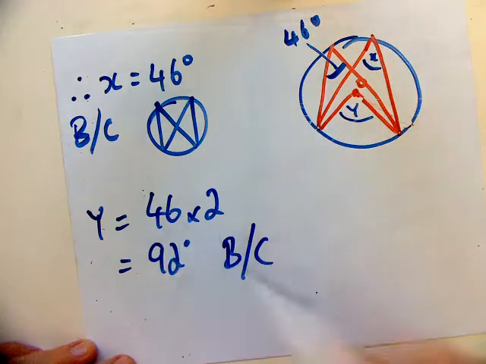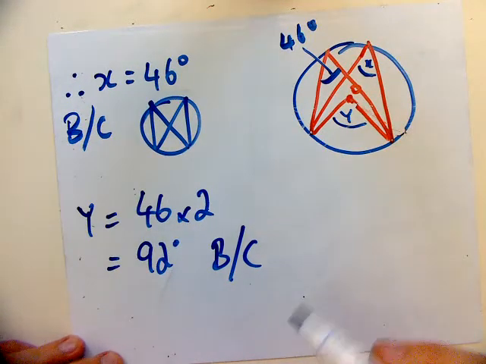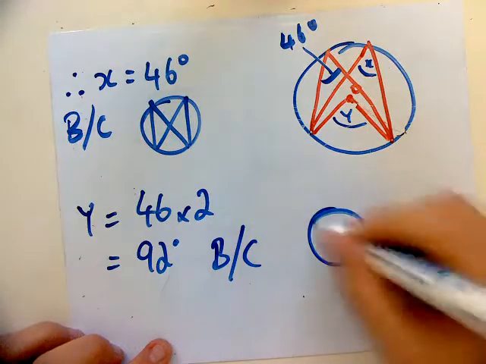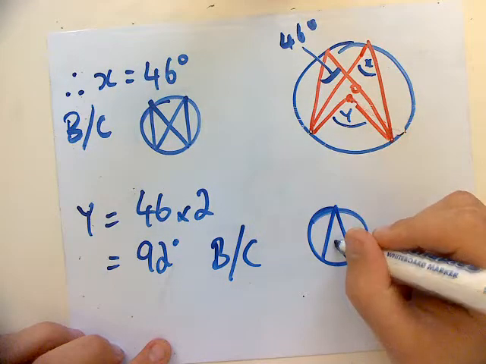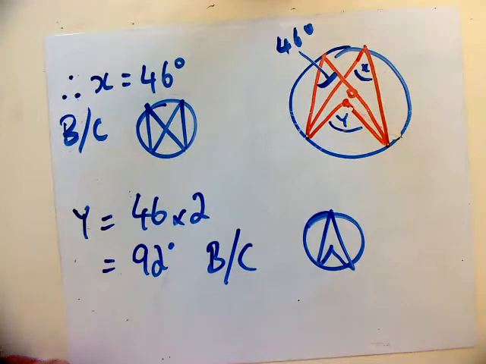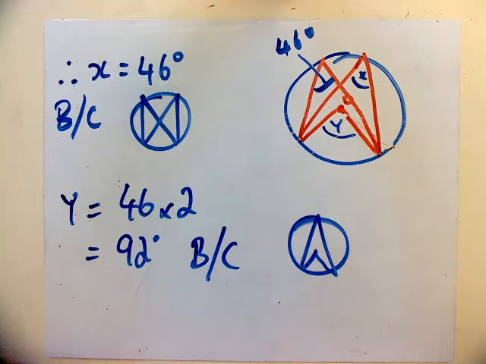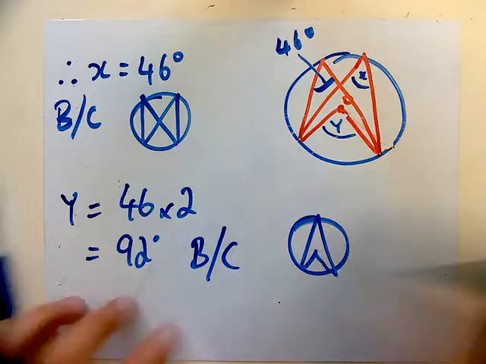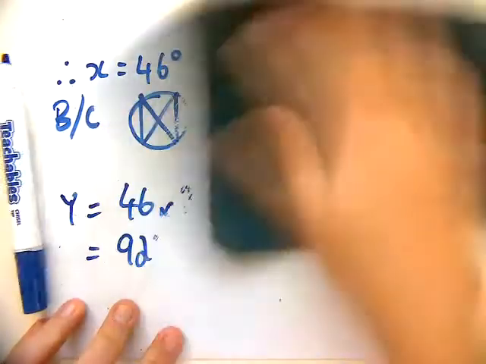So I've taken 46, multiplied it by 2, equals 92 degrees because of, and that's where we can draw our little theorem 1 code, so we don't have to give the full explanation. So that's the first 2 theorems done and dusted.